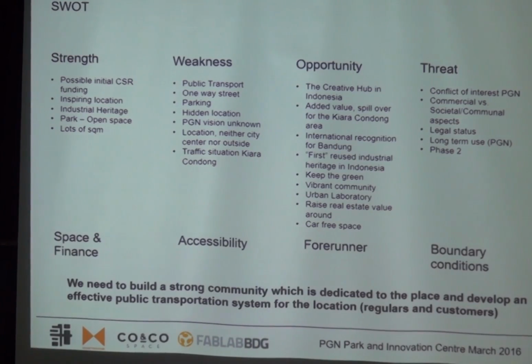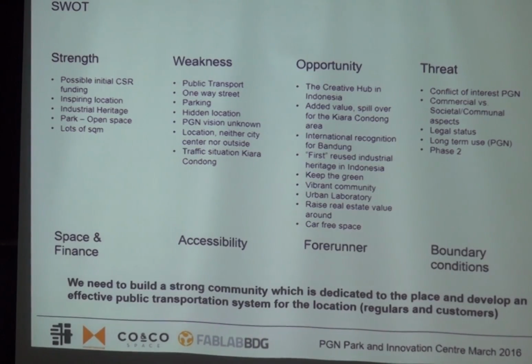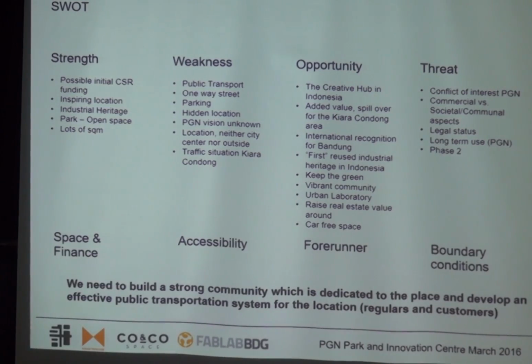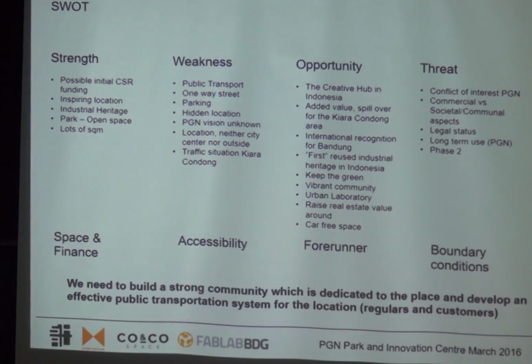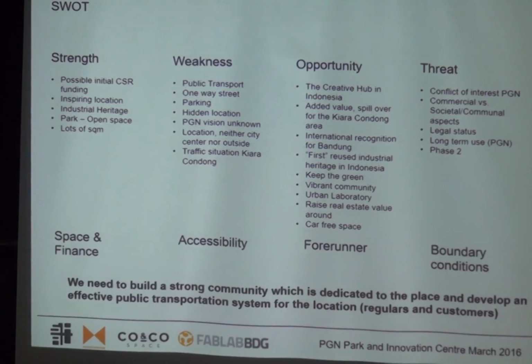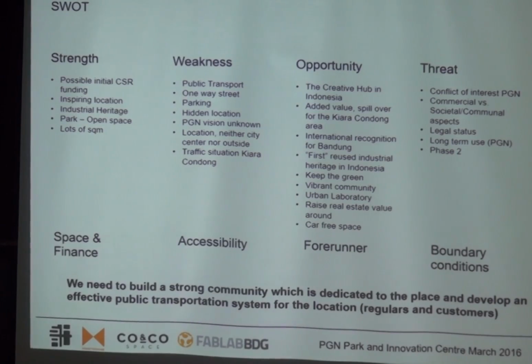The location is very nice with its greenery, it has some industrial heritage, has a park. With the park you can sort of think even about future developments, and you have a lot of square meters to play around, so they could potentially extend it.